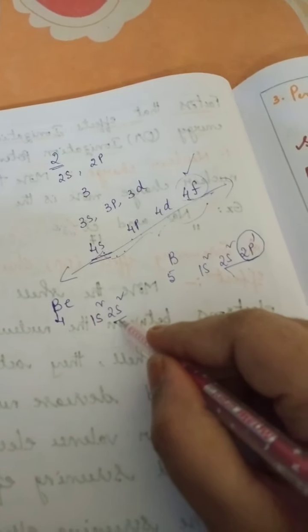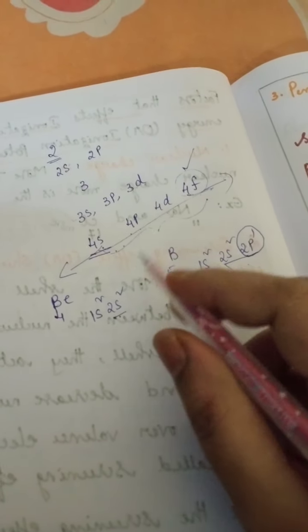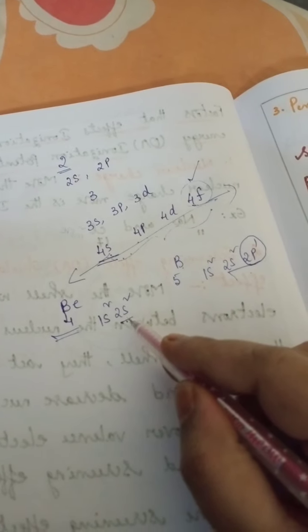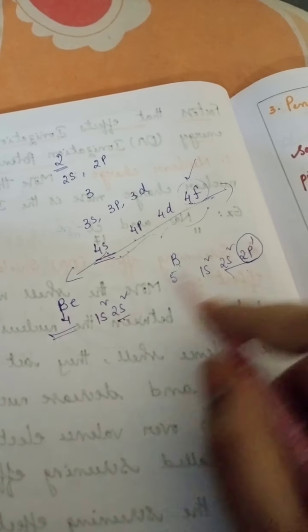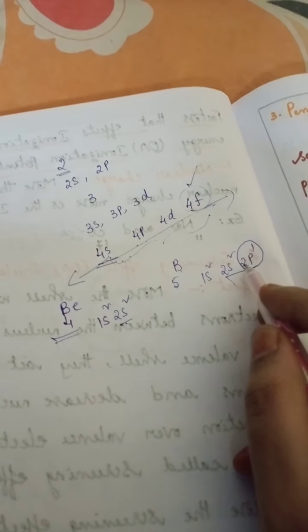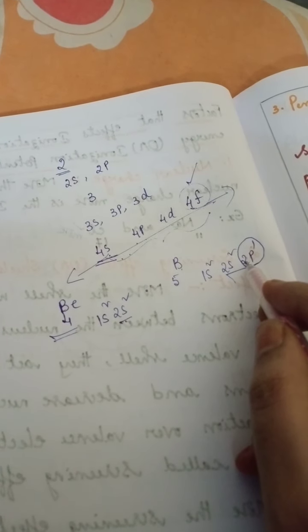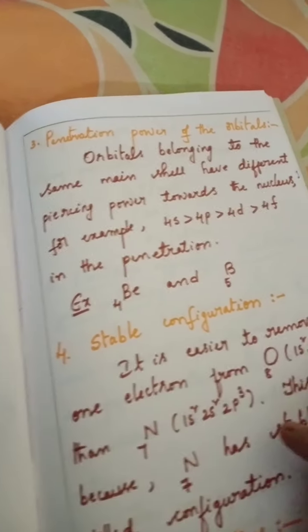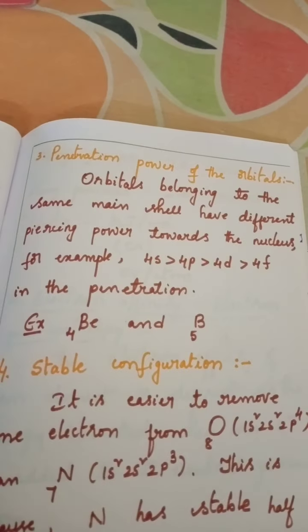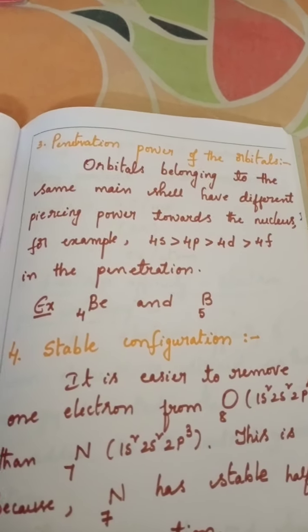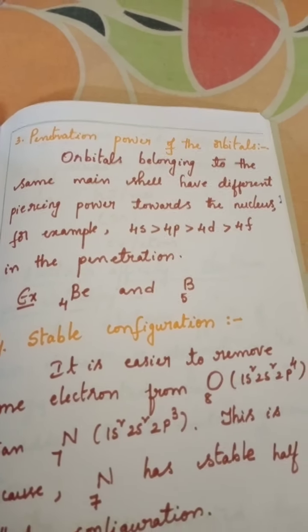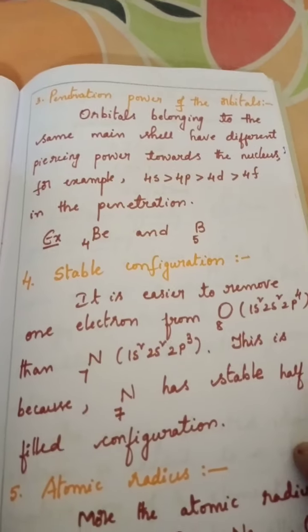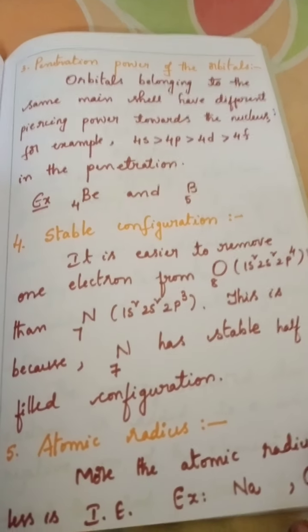So more energy is required for beryllium, not for boron. Even though both belong to the same shell, you have to apply more energy for beryllium. This is penetration power. Orbitals belonging to the same main shell have different piercing power towards the nucleus. This is important.